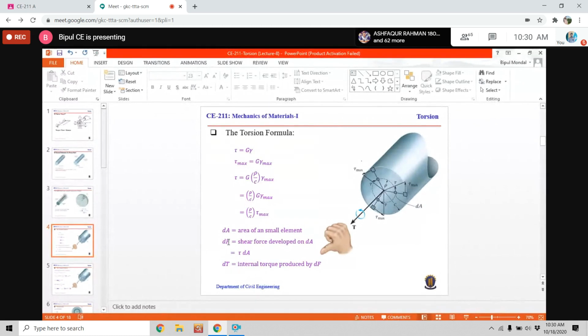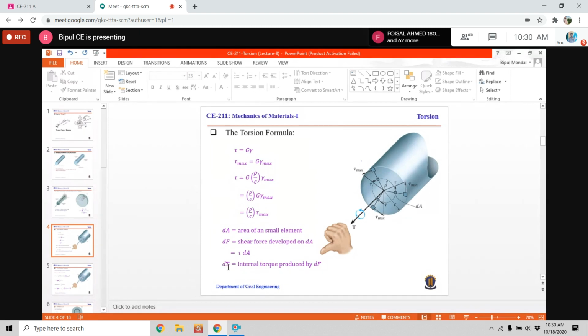So dF equals tau dA, and due to this shear force, torque will be developed about the origin. The torque will be force times distance. The force is tau dA, and the distance will be rho.